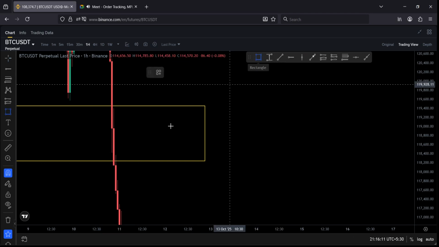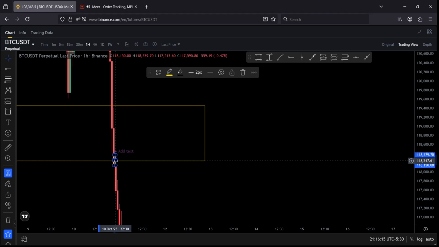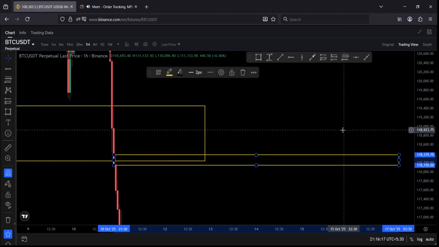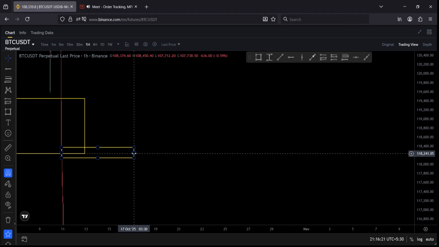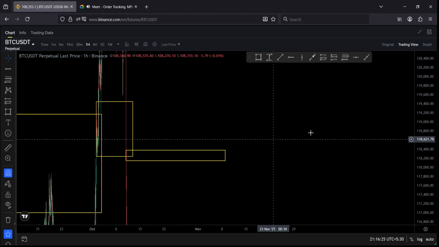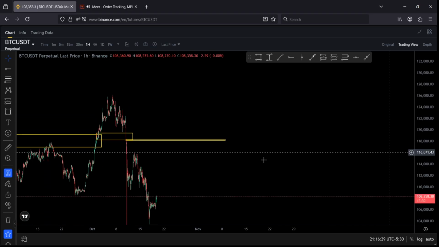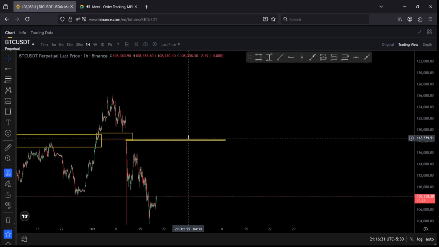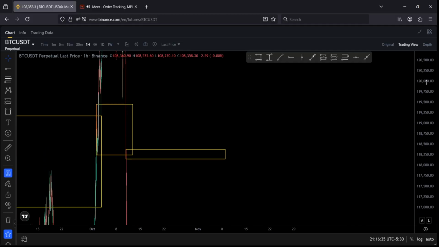So this will be our swap here. Okay. So we will extend it again here. So after that, price never came to here. So this was our latest swap.